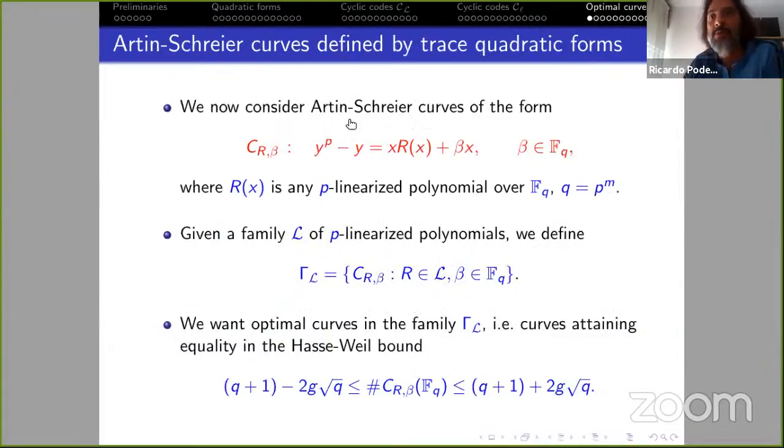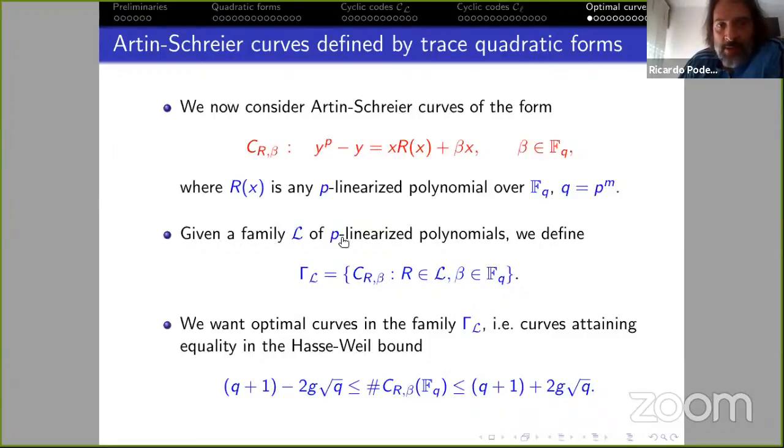So I wanted to talk a little about some curves associated to this code, really to the linearized polynomial. Okay, so consider arbitrary curves of this form: y^p minus y equals x R(x) plus beta x, where R(x) is any p-linearized polynomial over F_q. Now we are working in the extension F_q over F_p.